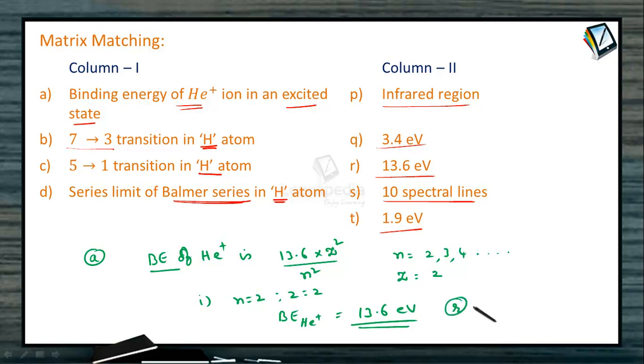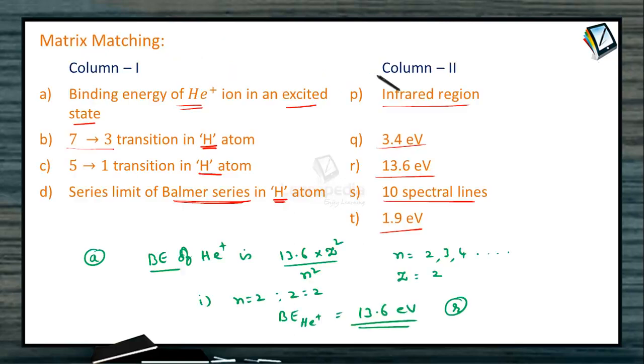So R will be one of the options. Similarly, when N is equal to 3 and Z is equal to 2, the binding energy of helium ion in the second excited state is 13.6 into 4 by 9. This is about 1.5 into 4, around 6 electron volts, which is not among the options given, and thereby it is wrong.